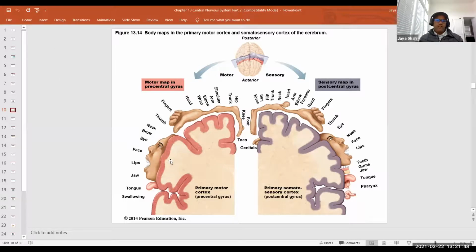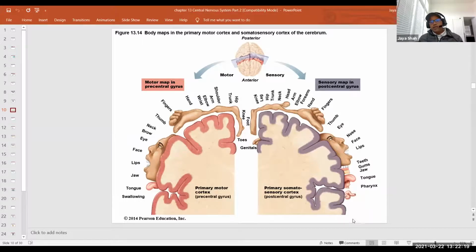What you see here, the outer part or the lower part of the brain, the sensory area covers the upper part of the body. You see here, and the inner area or the upper part of the brain covers the lower part of the body, like the toes, for the sensation.